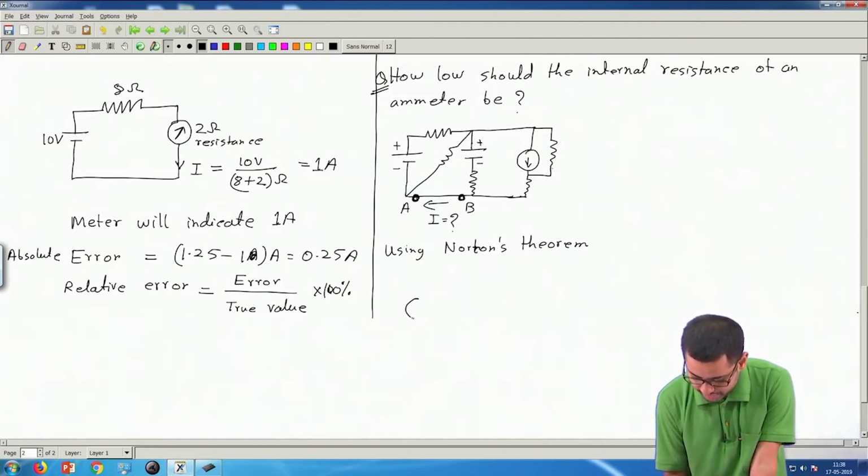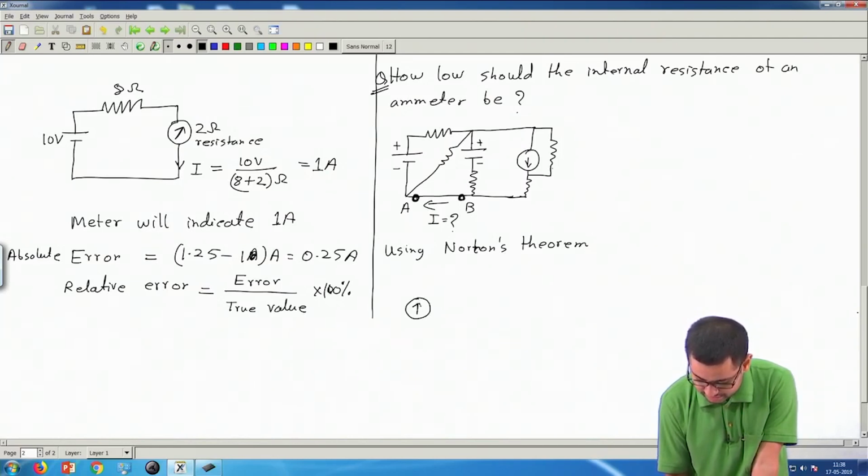So, we can always find a simplified circuit with one current source and a parallel resistance, call it R n, call this current source I n.